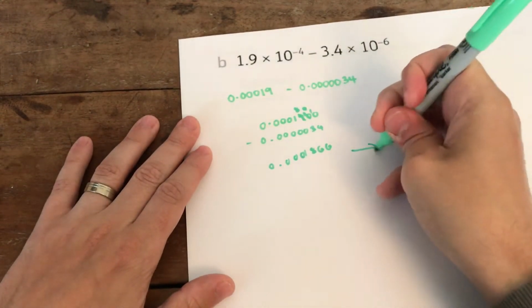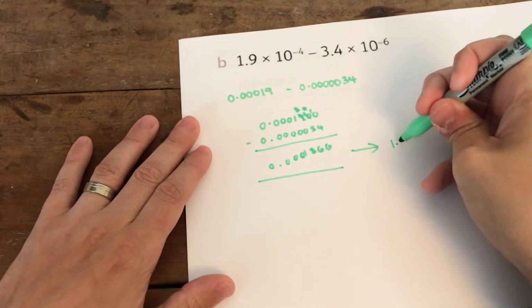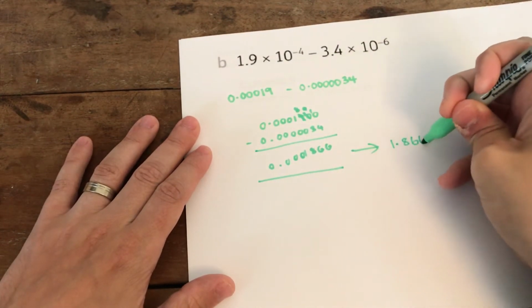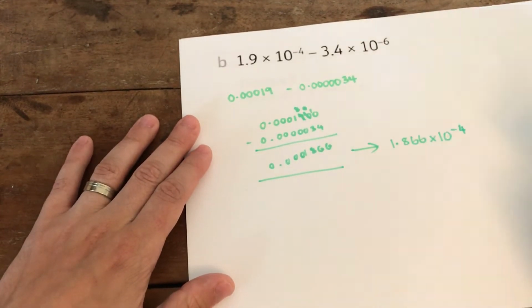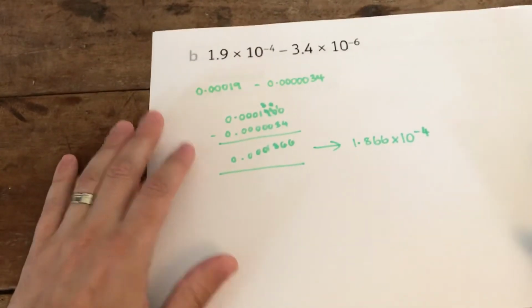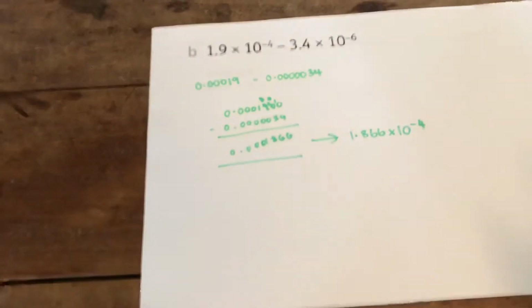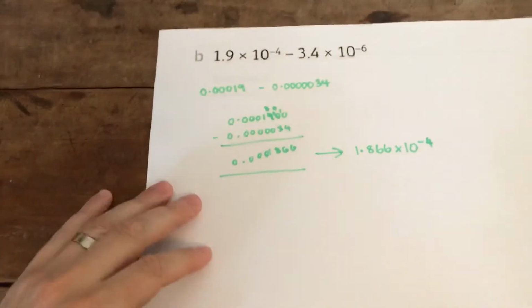And then I would write that back out in standard form as 1.866 times 10 to the power of minus 4. Now, you can do it that way. That method will get you the answer every single time. It takes a little bit longer than the other method to do.